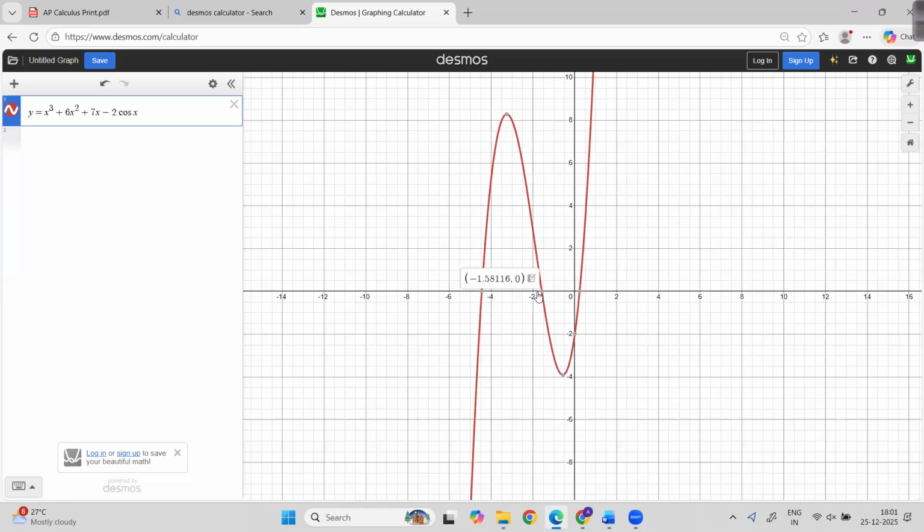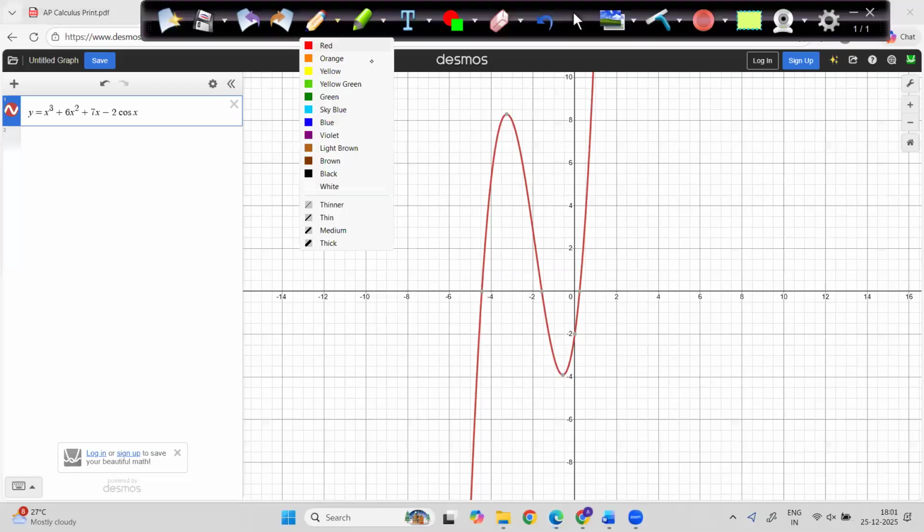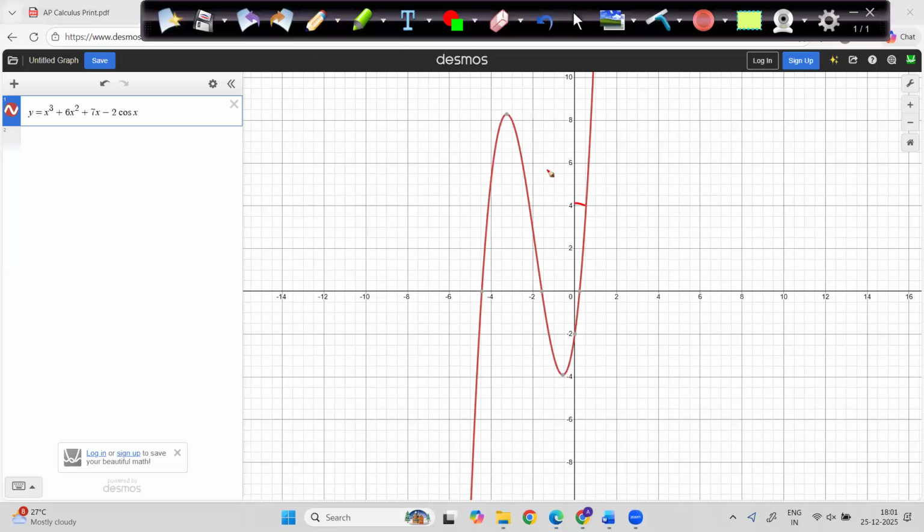It is not that this is the graph of f of x. They're asking where the function is changing from concave down to concave up. So clearly, till here it is concave down, again it is concave up. Only one point is there. It is somewhere here, not here.